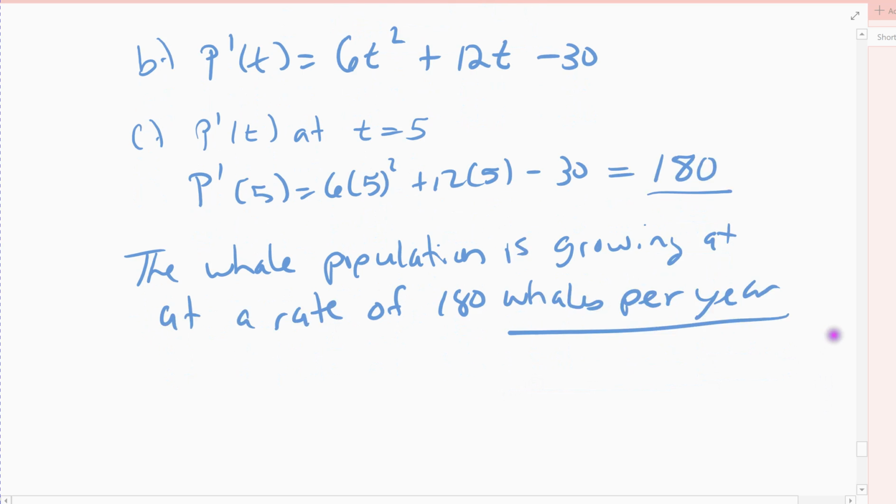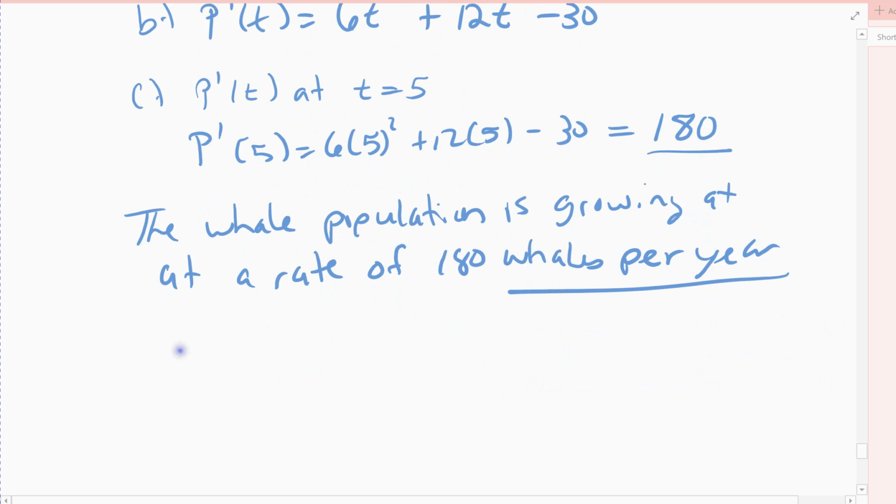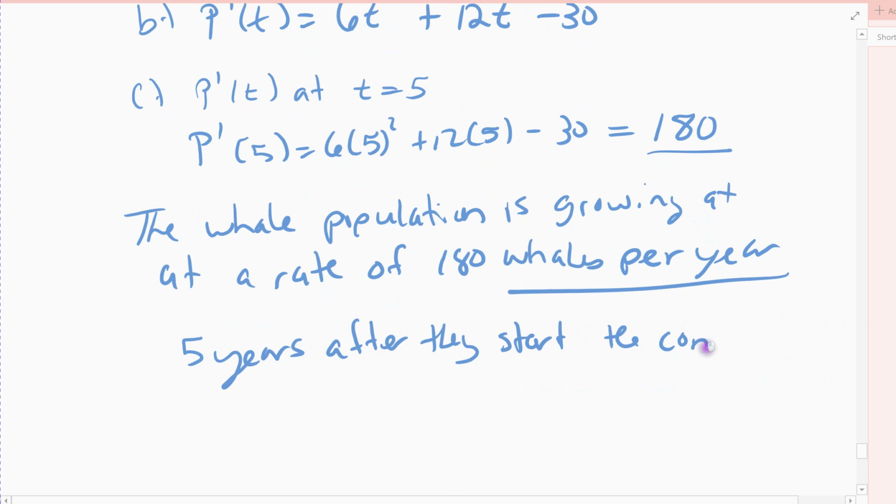Per year, that's important, make sure you don't forget the per year, 5 years after they start the conservative measures, I think is how it's worded.